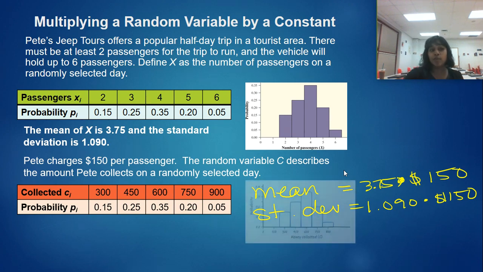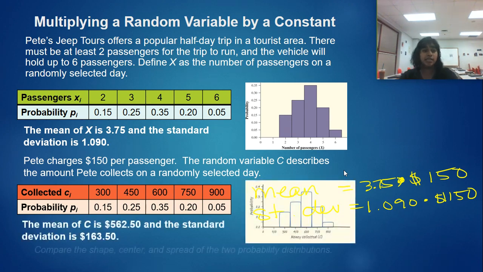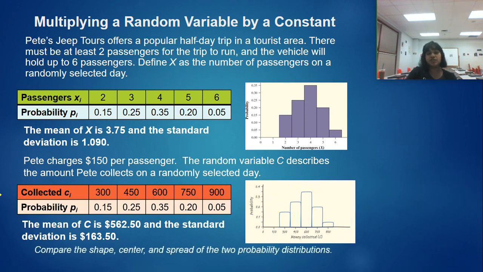When I calculate the mean and standard deviation of this data set, we end up with these values. If you paused and multiplied, you realized 3.75 times 150 is 562.50, and 1.09 times 150 is 163.50. So there's proof that the transformation can be done by just multiplying by that constant, and in this case, it was 150.